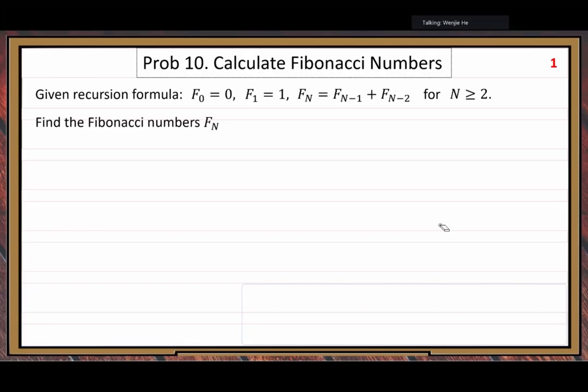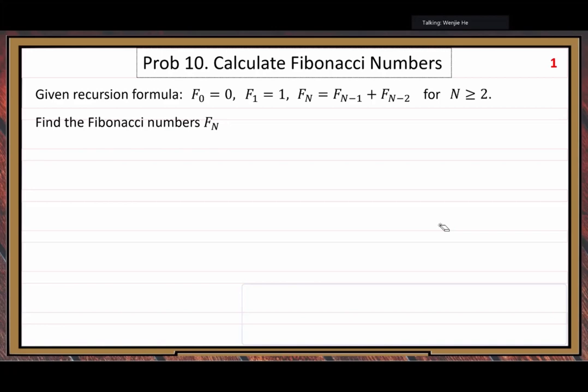Question: we need to calculate Fibonacci numbers in the fastest way. If you apply the recursion formula, it's trivial, right? Everyone here can write a recursive function quickly and easily.